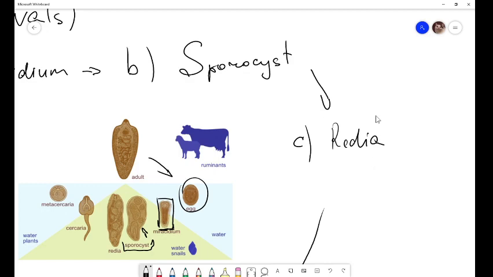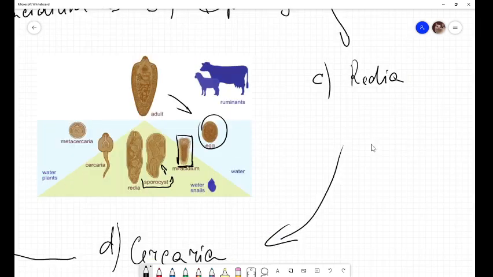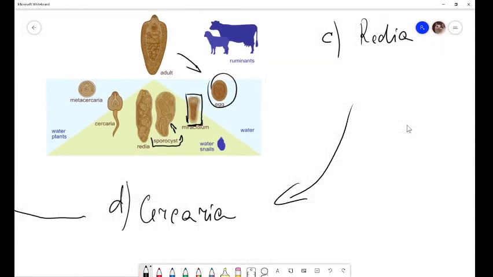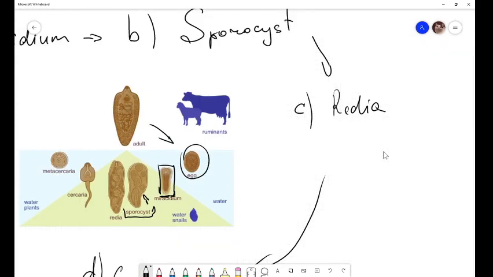And the next stage of the life cycle of this worm is this redia. Redia, a cylindrical organism with muscular pharynx, primitive gut, flame cells, collar-like structure anteriorly.